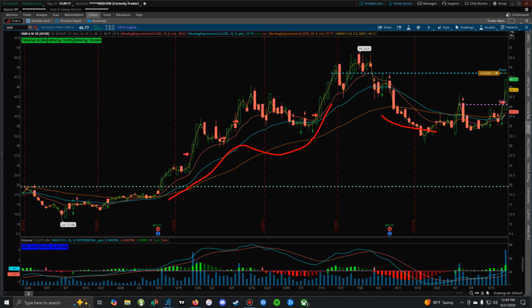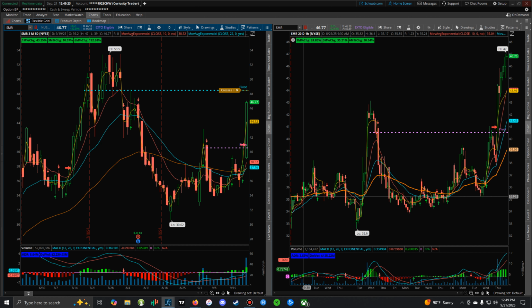I did not get long, but as I mentioned earlier, these setups are going to offer numerous opportunities. Okay, they're not done. Just because I have one day doesn't mean they're done. Ideally, with this one, I can see the big picture over 50. Just let it do its thing. But yeah, that's that one.